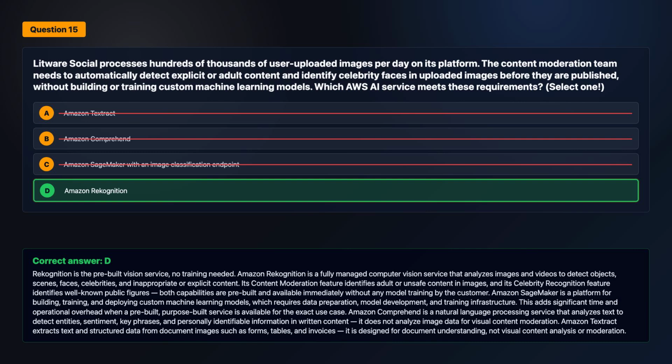Amazon Comprehend is a natural language processing service that analyzes text to detect entities, sentiment, key phrases, and personally identifiable information in written content. It does not analyze image data for visual content moderation. Amazon Textract extracts text and structured data from document images such as forms, tables, and invoices. It is designed for document understanding, not visual content analysis or moderation.